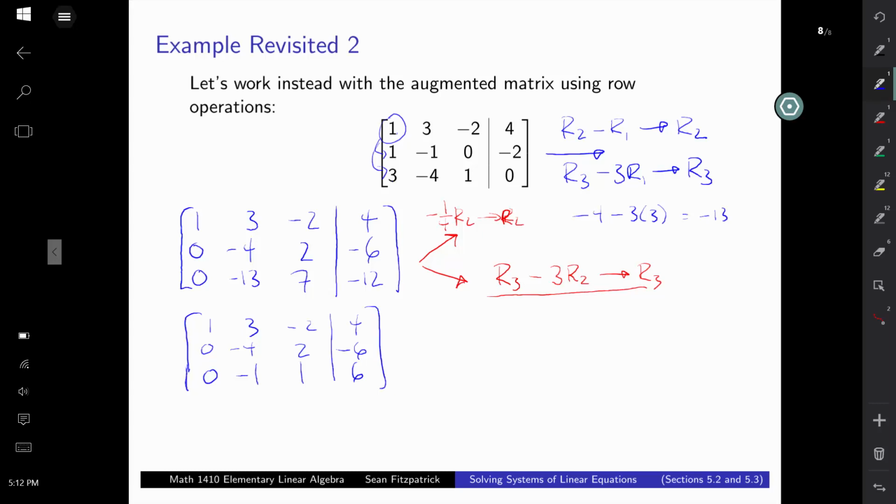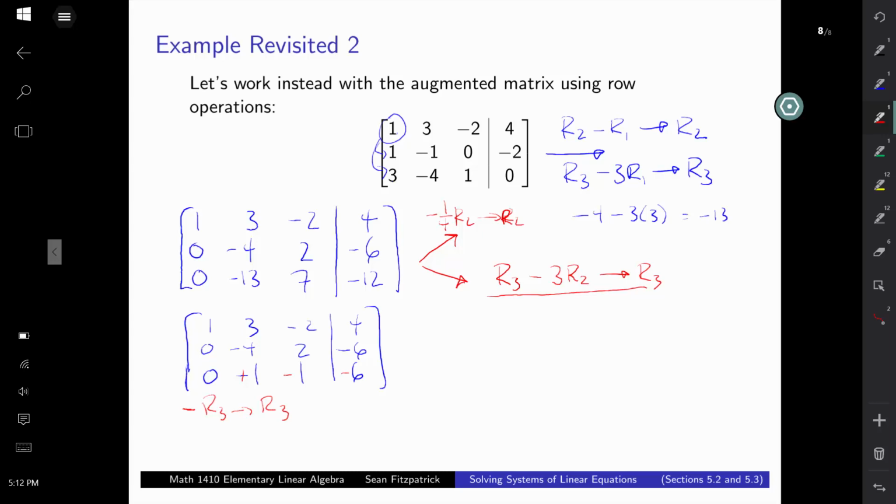You could do it the other way if you want, but here's another way to do it. So one thing I could do, let me sneak in a row operation here. I'm going to change the sign on row 3. So that's going to become a plus, minus, minus.